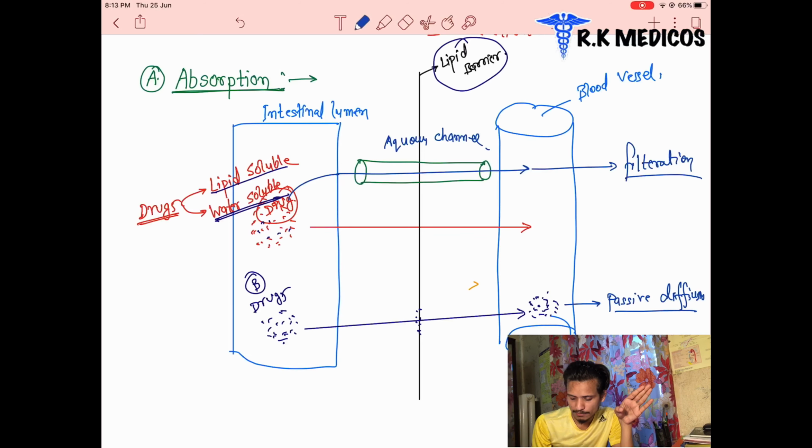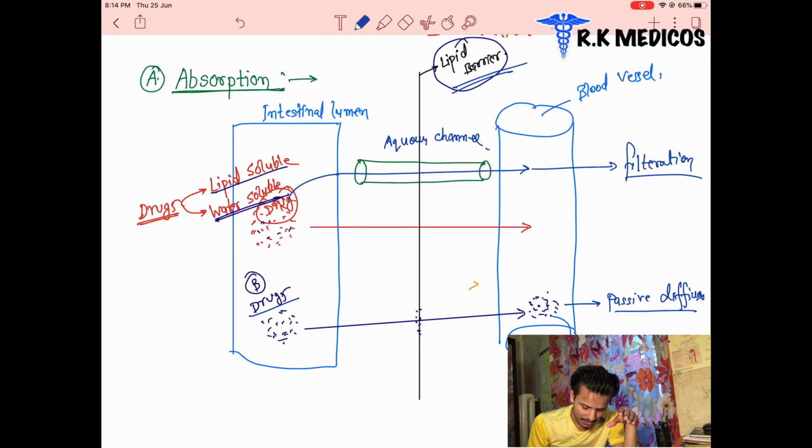What does filtration mean? Filtration is basically the movement of something through some special type of carriers, which is why we see aqueous channels here. In the second case, the drug moves through the lipid barrier, but there is no requirement of tunnel proteins for crossing the barrier, because these are lipid soluble.